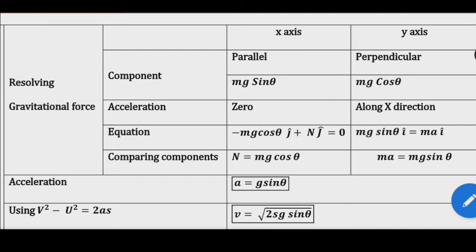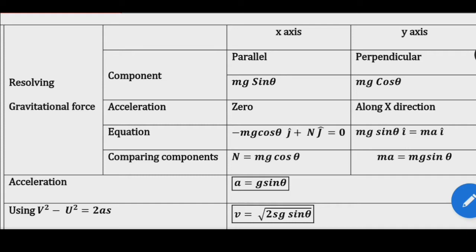Note that the angle made by the gravitational force mg with the perpendicular to the surface is equal to the angle of inclination theta. There is no acceleration along the y-axis, so applying Newton's second law in the y direction, we get the equation minus mg cos theta j plus N j is equal to 0.